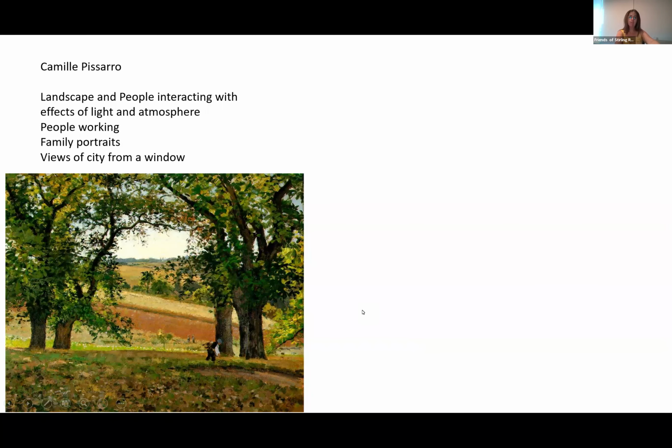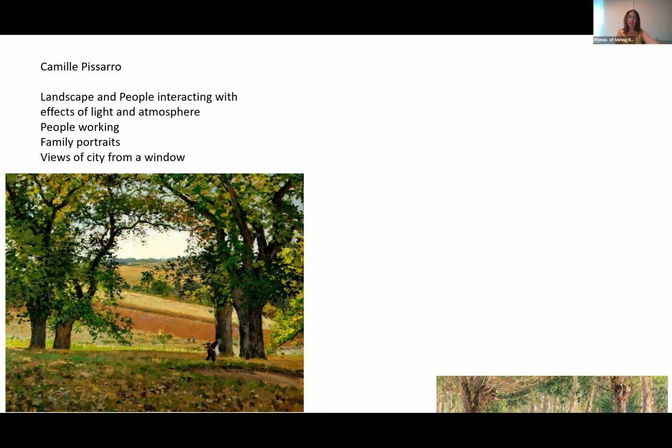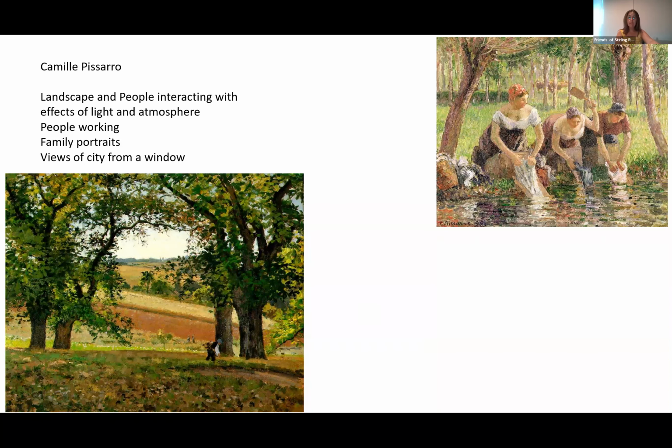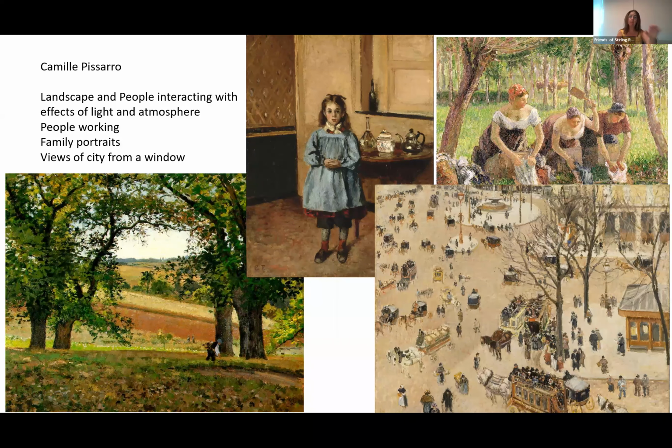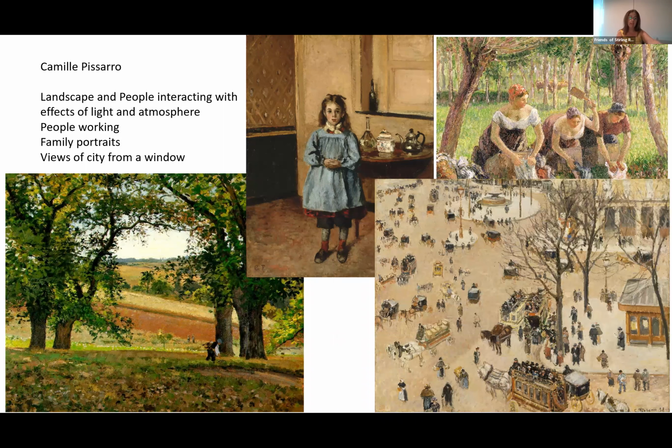Camille Pissarro, we find landscape and people interacting with the landscape, the effects of light and atmosphere, people working, many family portraits. He was a family man, and also views from the city, usually from a window, because he had an eye problem at the end of his life.